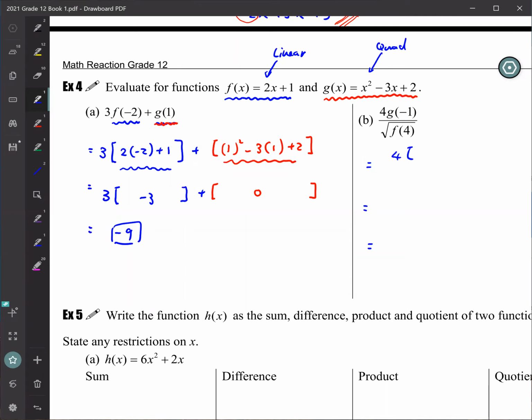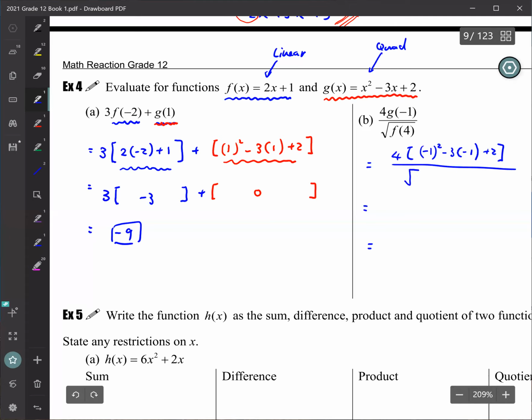But what do you put in the x? The -1. So -1 in brackets squared, then minus 3 times -1, no x, and plus 2. Then over 2 times the square root of 2 times 4 plus 1. That's all, right? Okay, so complete that.